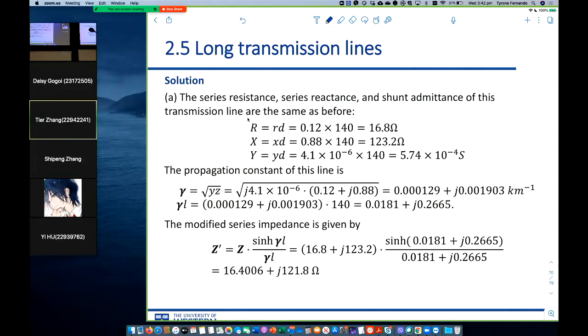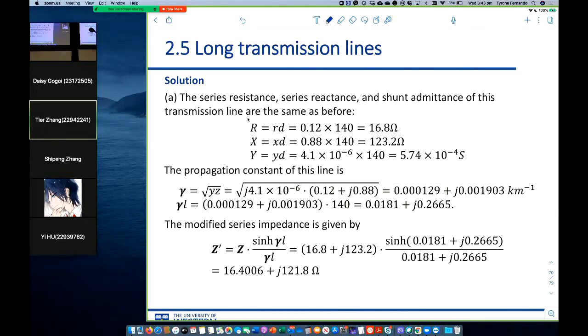The per unit resistance that was given was per kilometer, and the line is 140 kilometers long. We simply multiply by 140, so we get 16.8 ohms. The X value is again per kilometer, so we multiply by the distance, 140, and you get 123.2 ohms.